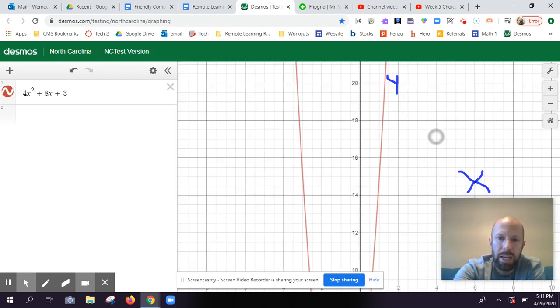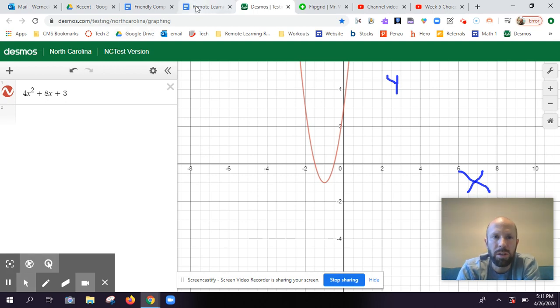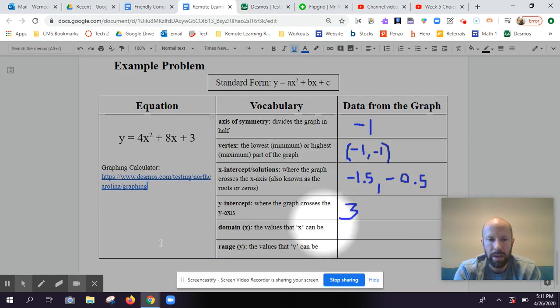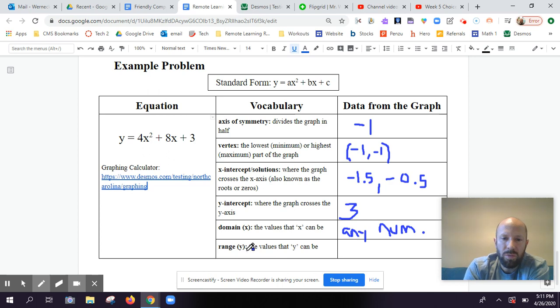So it can be any number. So as we come back down to the bottom and we fill in our information, like before, it can be any number. So I'm just going to write down any, and I'm going to abbreviate number just to save some time, N-U-M for number.